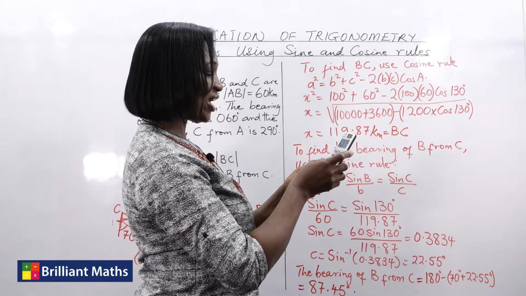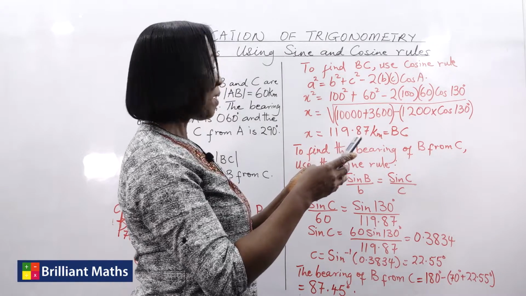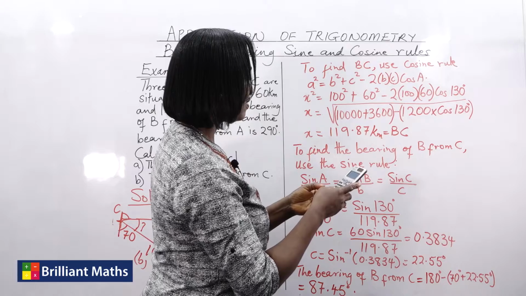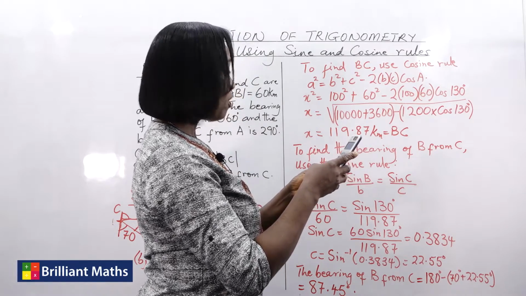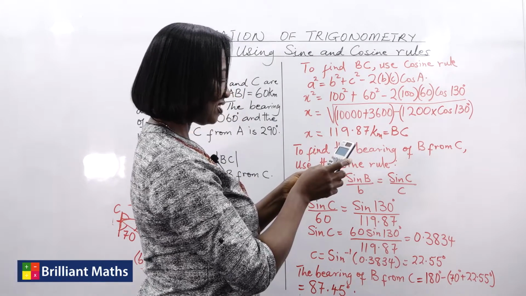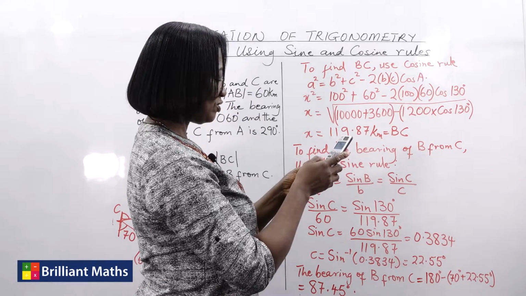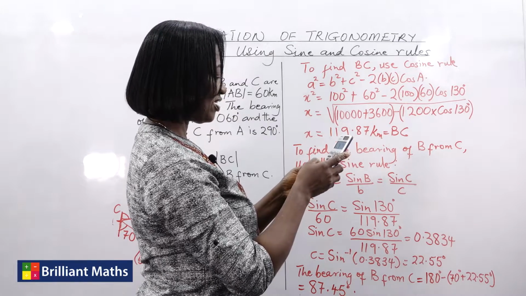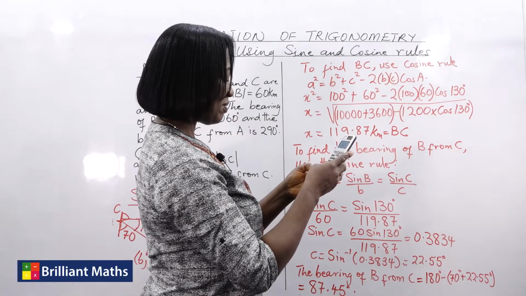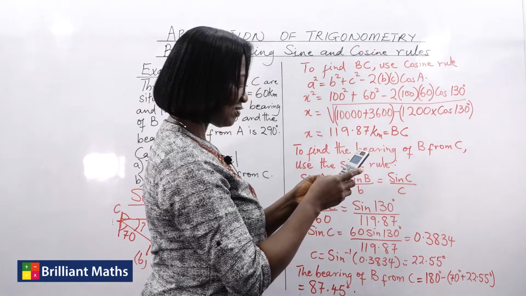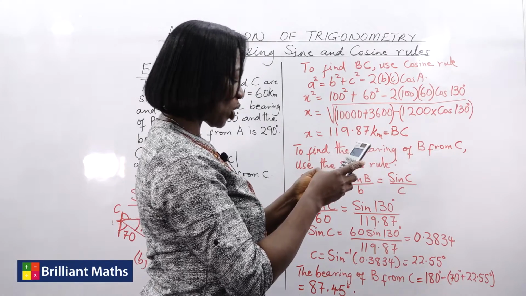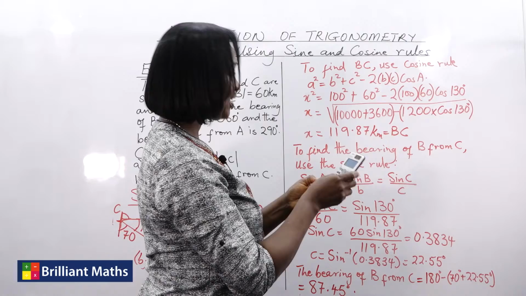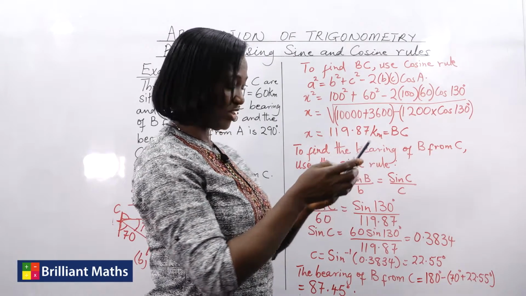So you close your bracket and then minus bracket 12,000 times cos 130 degrees.